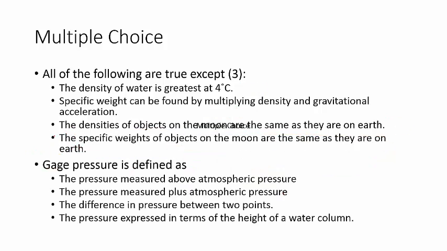The next question, and I guess I just copied this twice. Gauge pressure is defined as the pressure measured above the atmospheric pressure. This seems to be true. Let's see that whenever we have the absolute pressure equals the gauge pressure plus the atmospheric pressure.